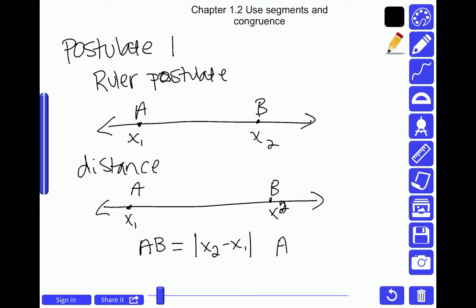In fact, the distance could also be the absolute value of x1 minus x2. So it doesn't matter which one you subtract, because you're going to take the absolute value. And if you think about it, if you were to actually count the space, it wouldn't matter if you counted from this way or this way, you still would have the same number of spaces. And so that's kind of what the absolute value does.